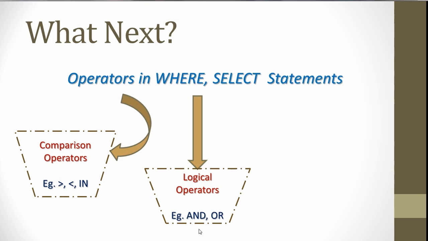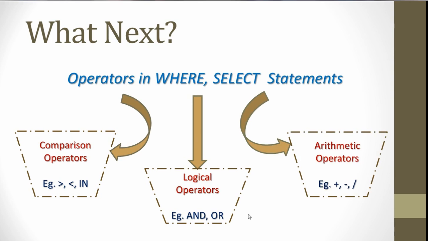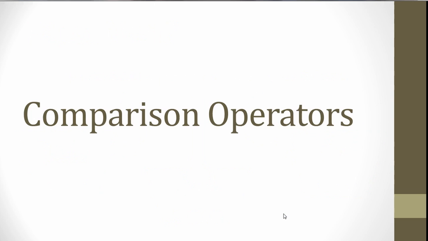We have the logical operators like and, or, etc. And then we have the arithmetic operators, which we pretty much know since our school days, like plus, minus, division, etc. For comparison and logical operators, we have looked at some information in the previous lesson, but we'll be looking at further details, and we'll be looking at arithmetic operators for the first time.